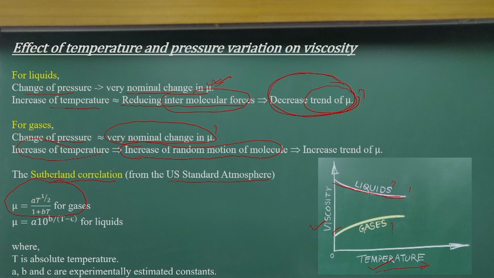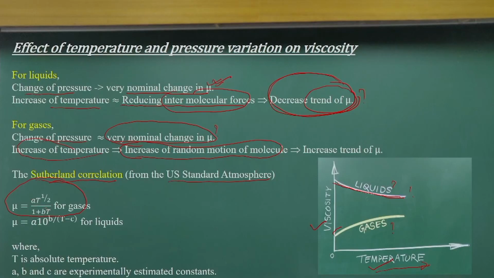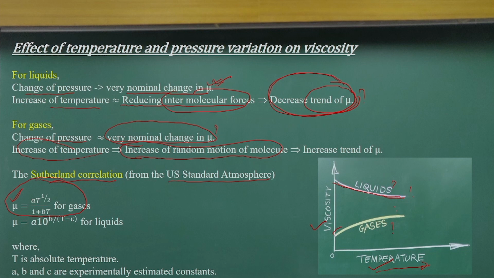These coefficients differ from gas to gas, and by conducting an experiment we can get the values of A and B, as the mu value increases or decreases. So with a simple experiment on gases at different temperatures, using a viscometer, we can quantify how the dynamic viscosity varies with temperature. As I said, it increases with temperature, but these A, B coefficients will vary from gas to gas.